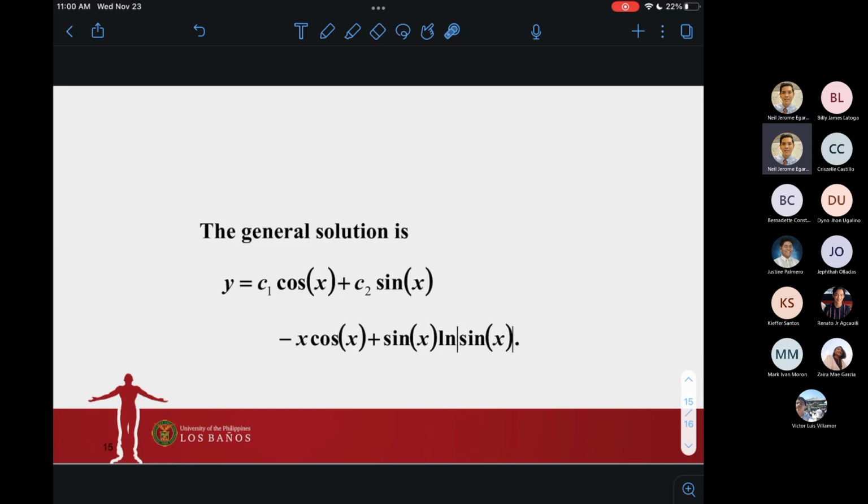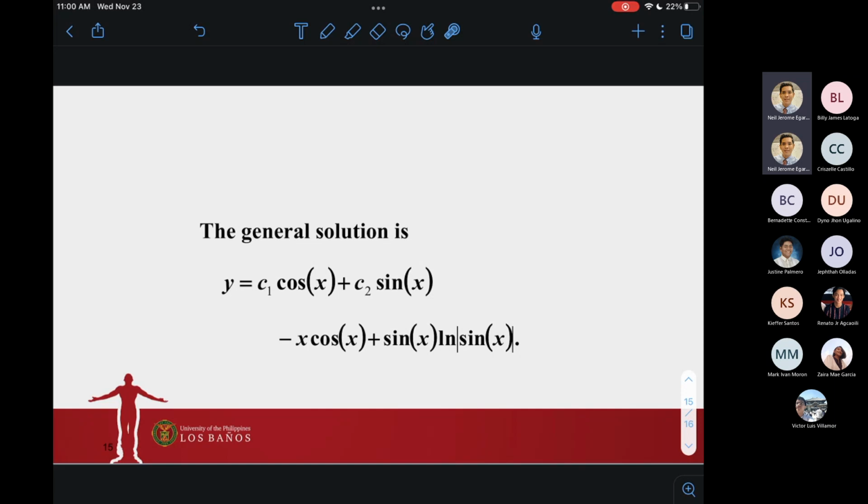Ang haba. All right. Isang oras for 2 problems, but I think that's fine. Any questions about this method? Pero masaya na i-experience nyo itong method na to.